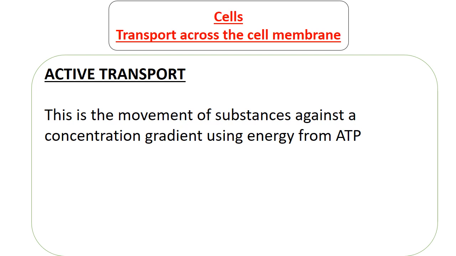Diffusion and osmosis involve moving from high concentration to a region of low concentration so that there is equalness. But in active transport, the movement is from low concentration to high concentration. That doesn't happen naturally. You need energy to push molecules to move from a region where they are low in concentration to a region where they are high in concentration. That's where the ATP comes from.